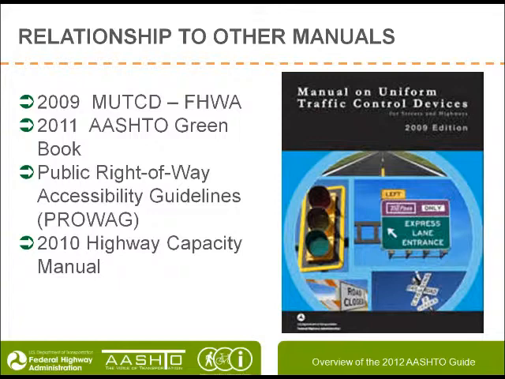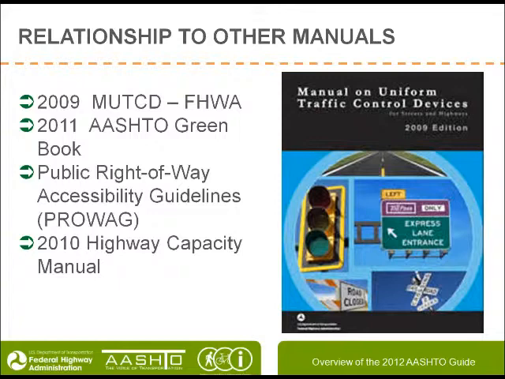The AASHTO Bike Guide also refers to documents that are produced by the United States Access Board. The Public Right-of-Way Accessibility Guidelines are incorporated into the AASHTO Bike Guide, and we'll talk a little bit more in a few minutes about how those have been incorporated into the guide.